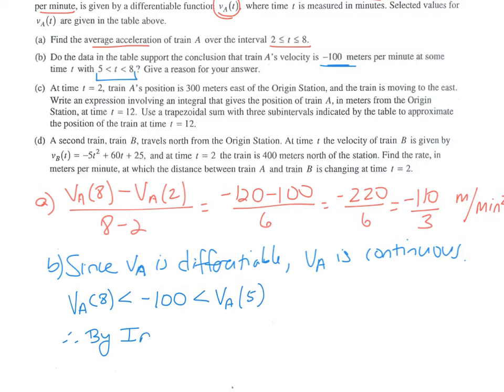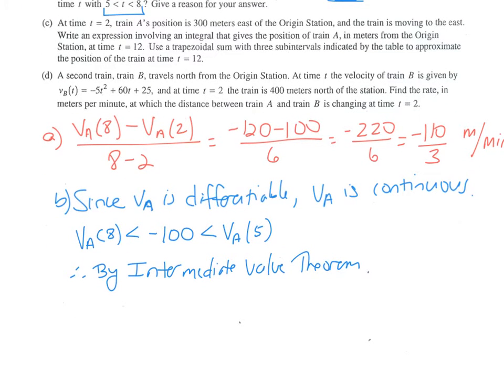So by the intermediate value theorem, there must be some value between 5 and 8 that gives us a function value of negative 100.